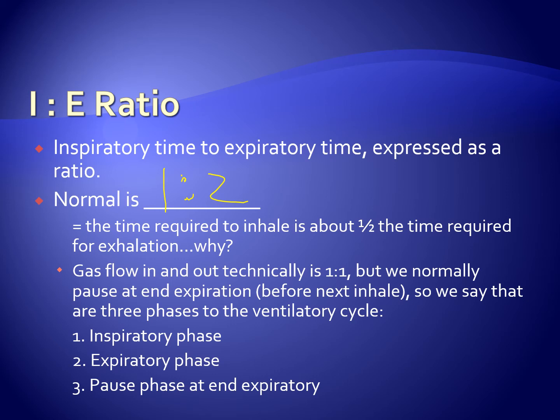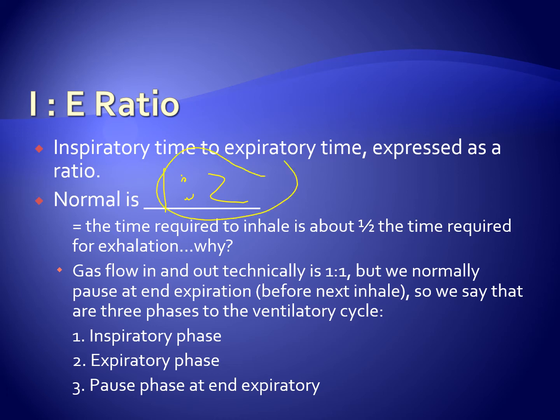So even on life support, we'll put patients on a 1-to-1 ratio. And in certain situations, right, this is not something we do all the time, but we can put patients in 1-to-1 I:E ratio, and they'll still be just fine because we're looking at gas flow being more of a 1-to-1 ratio, but normally, I want you to remember a normal I:E ratio is 1-to-2.